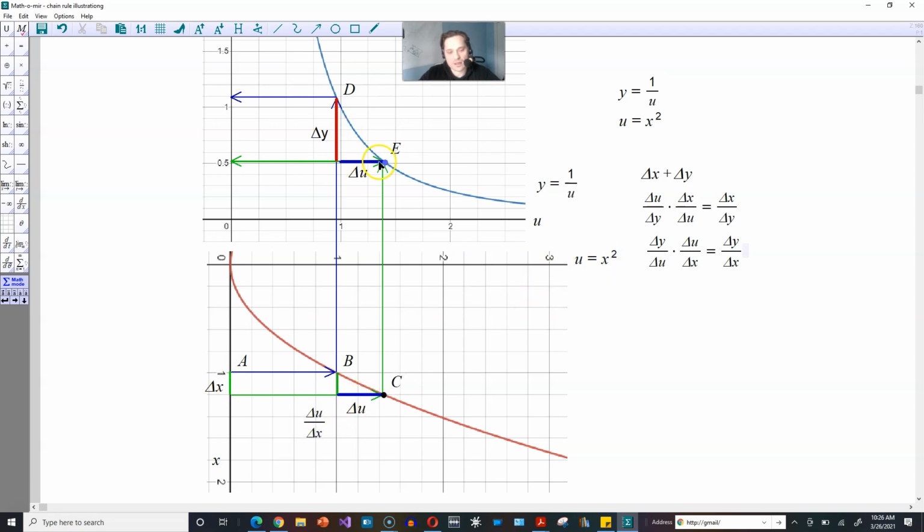As that occurs over here, y changes by delta y, and then when you multiply the slopes together, delta y over delta u times delta u over delta x, you end up with delta y over delta x. That just represents the effect that changing x by delta x has on the values of y. In other words, in that case, y changes by delta y. And that's why this graph clearly shows why you need that delta u as the intermediate step, so to speak.